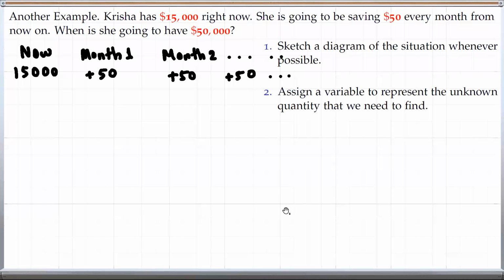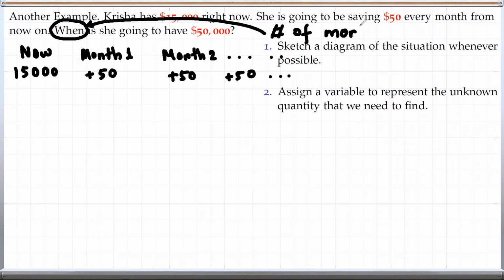Let's assign a variable to the unknown. The unknown is when, in this case. So we need to find the number of months when she is going to have 50,000. So let's say she will have 50,000 in X months.